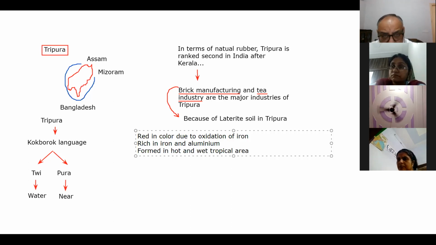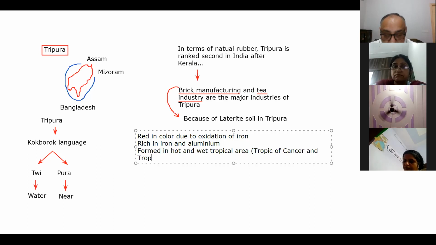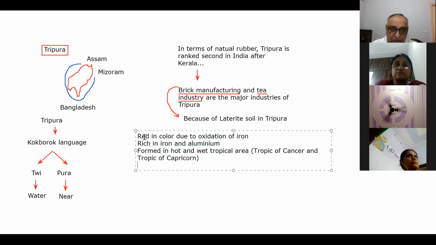Mainly, these are available in the region between the Tropic of Cancer and the Tropic of Capricorn. So it is found in between the two, in hot and wet tropical areas.